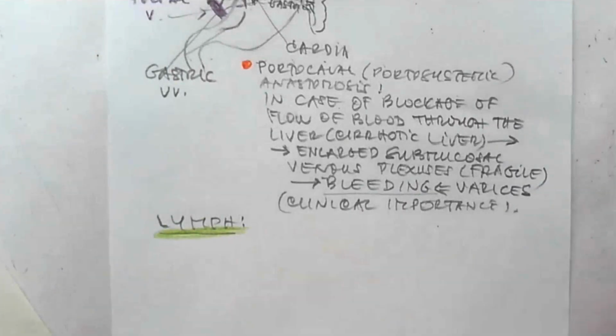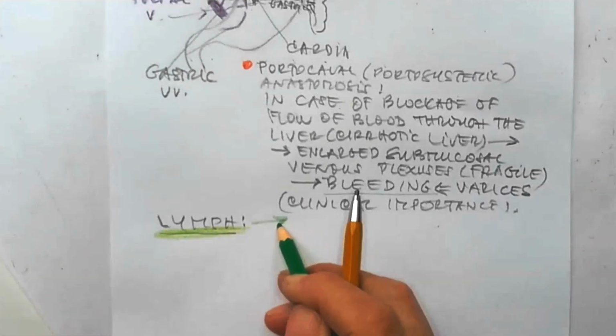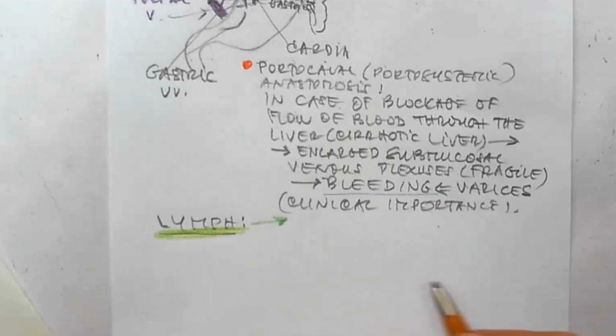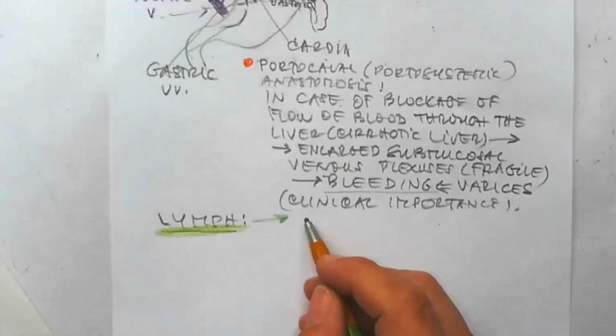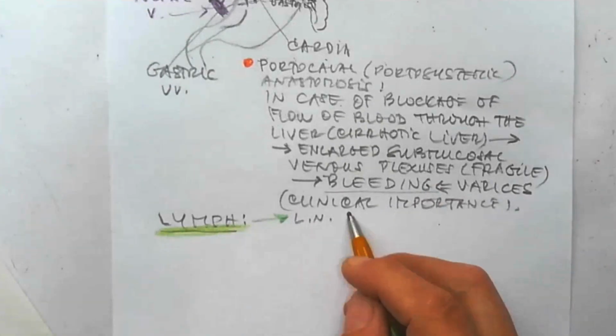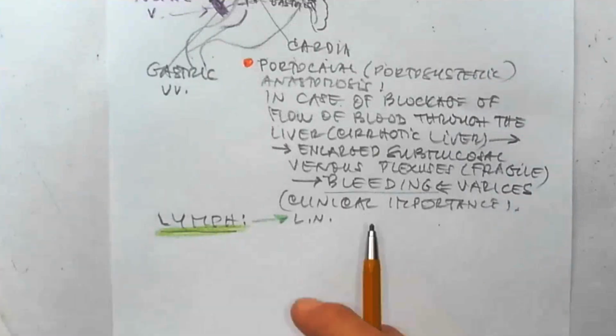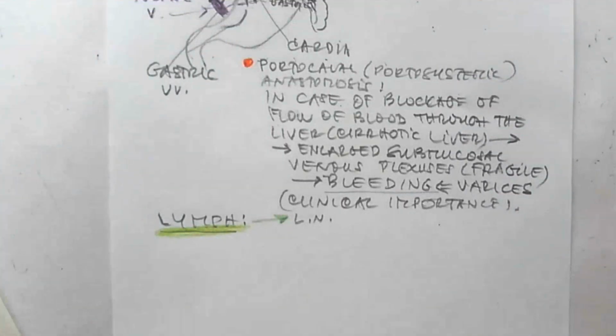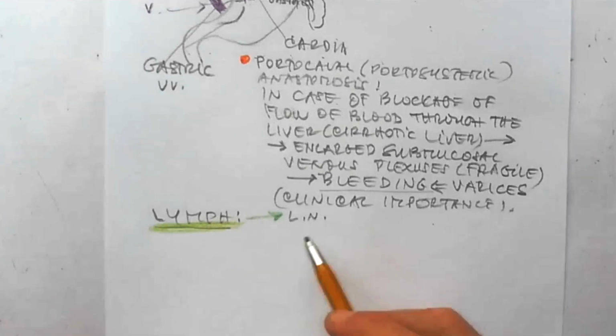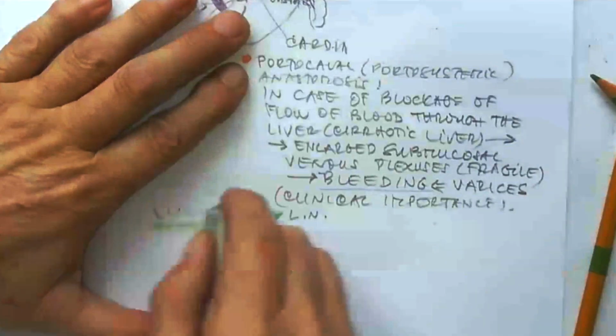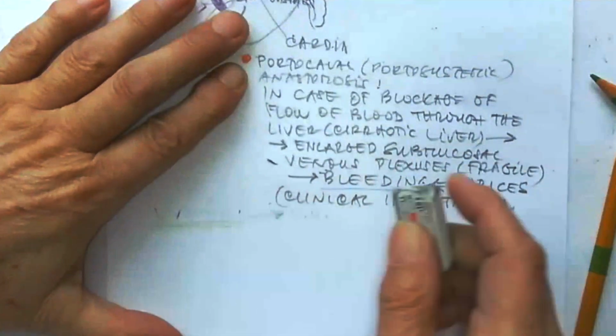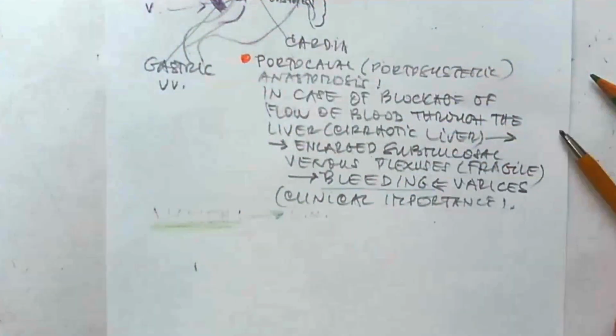So lymph is drained into, there are more, because you see esophagus is long, it's 28 centimeters long, so there must be lymph nodes. They are deep cervical. I'm not sure if I already did it. Yeah, we did it. Sorry, already done in one diagram. This is done.